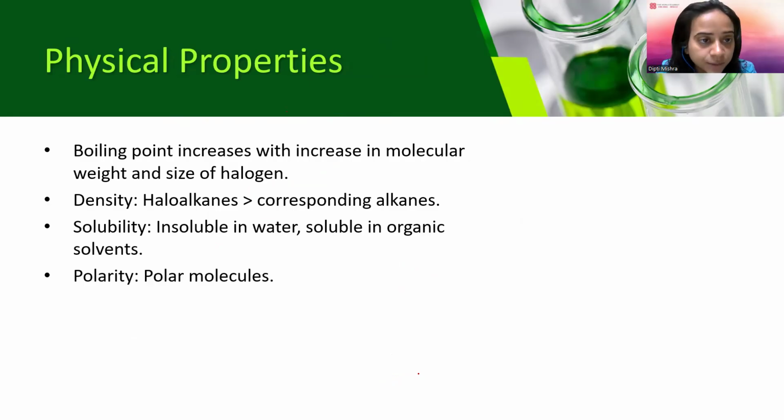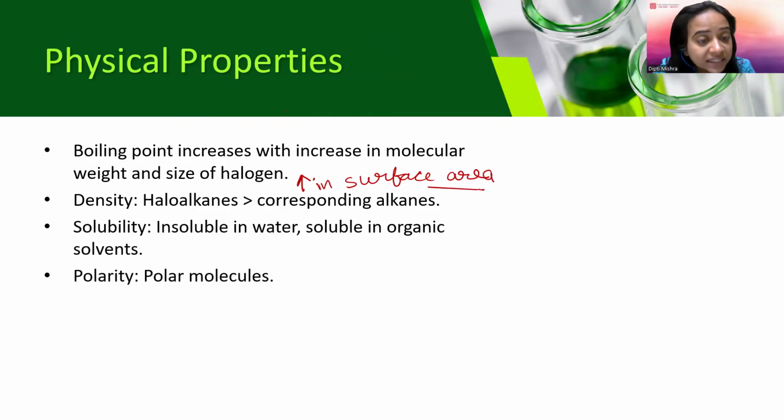Now, physical properties. Boiling point increases with increase in molecular weight and size of halogen. Why? Because of the increase in surface area. That's why boiling point increases.